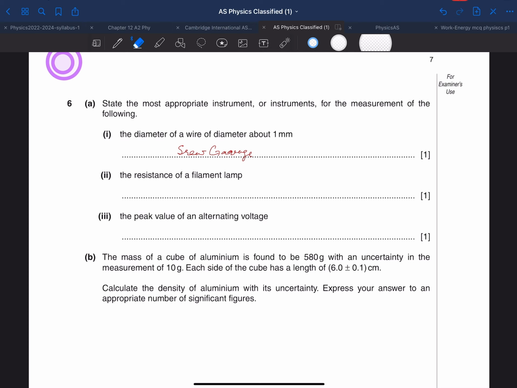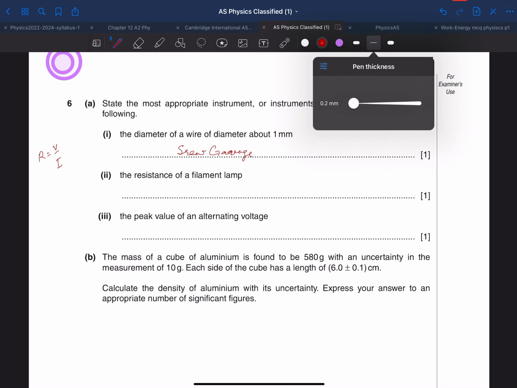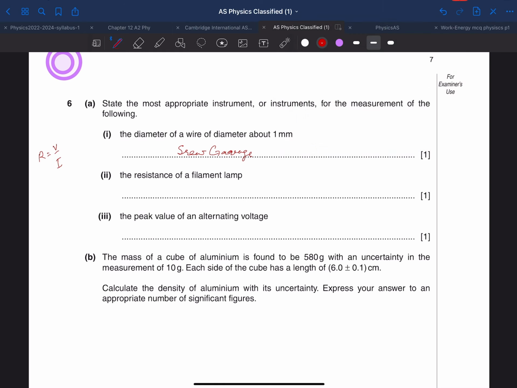On the other hand, the resistance of a filament lamp. As far as the resistance is concerned, you know that R is equal to V over I. So you better use this relation here, and you know that we use a voltmeter for the potential V, and we use an ammeter for the measurement of current.